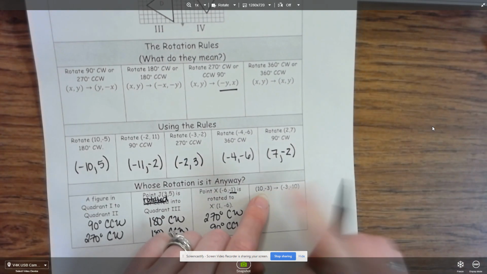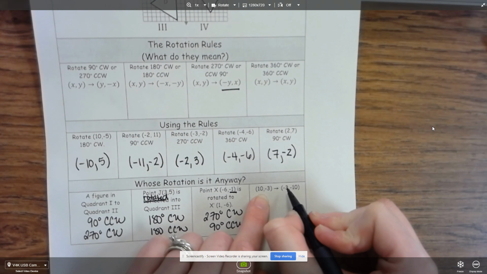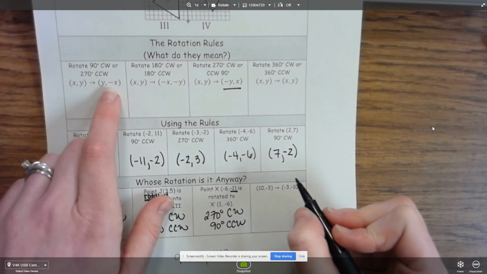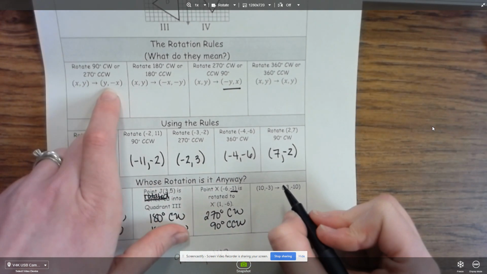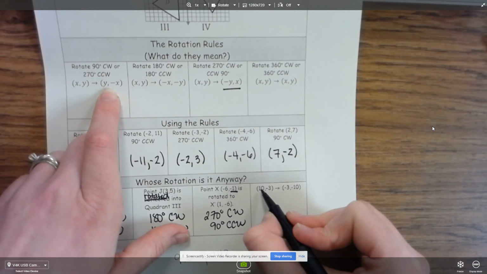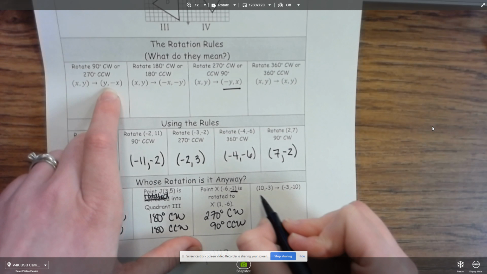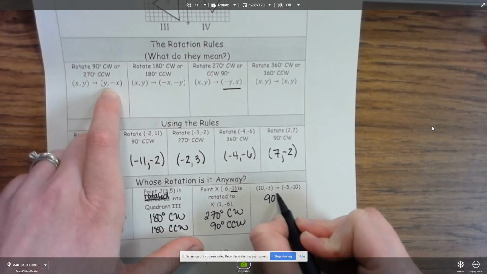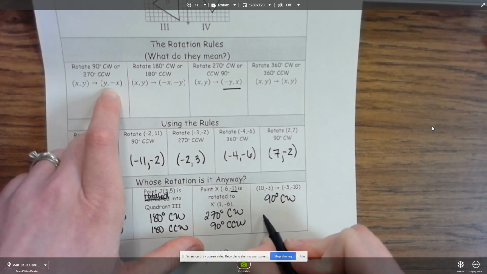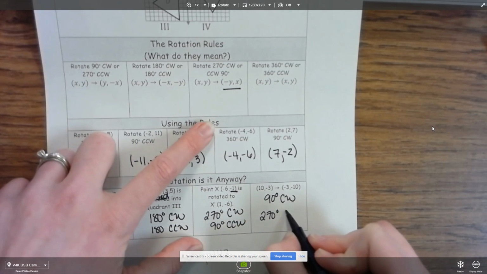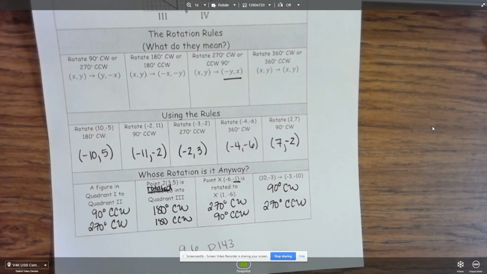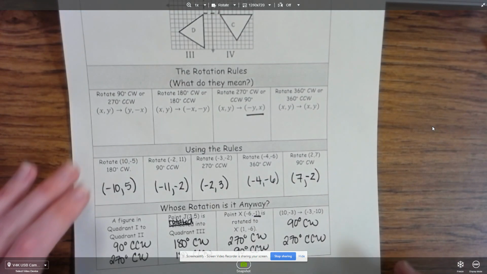And then in this one, I've taken the Y and I've just stuck it in the X spot. And so that would be this rule here. And then you can see that I've taken the X, changed the sign, made it negative, and stuck it in the Y position. So that's 90 degrees clockwise or 270 degrees counterclockwise. So that's it for this video.